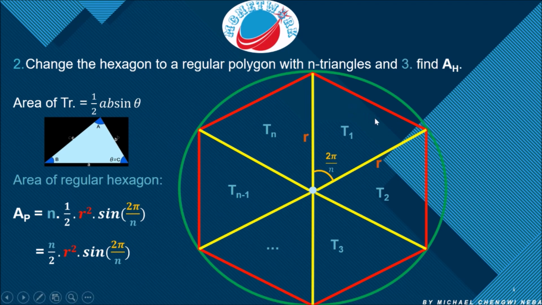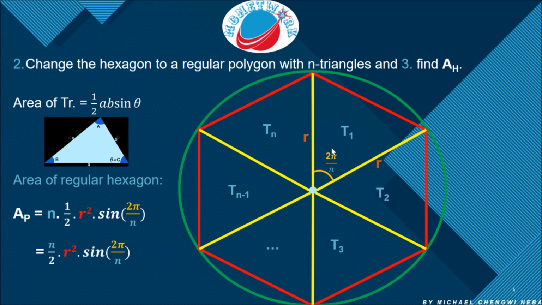The sides that are opposite to this angle will be approaching zero, and they will be approaching the circumference of the circle. Then the angle formed by these two lines will be approaching zero, and the number of triangles is going to increase, approaching infinity.